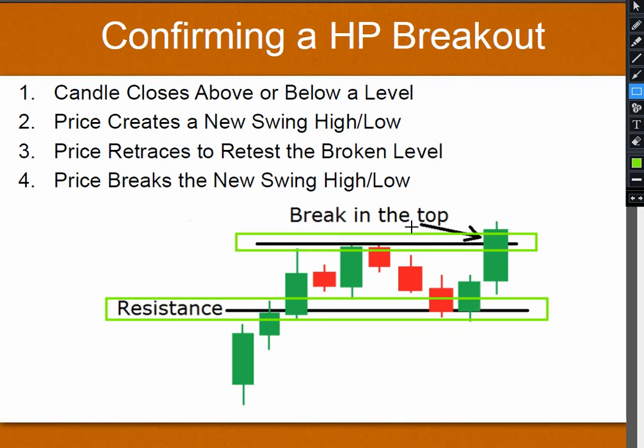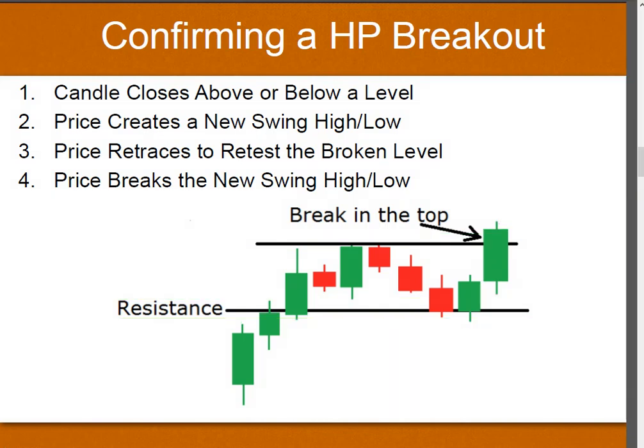So you have a range in between here. Market going up, bounces back down, bounces back up. And then you see this particular candle closing above this black line, which is your resistance.